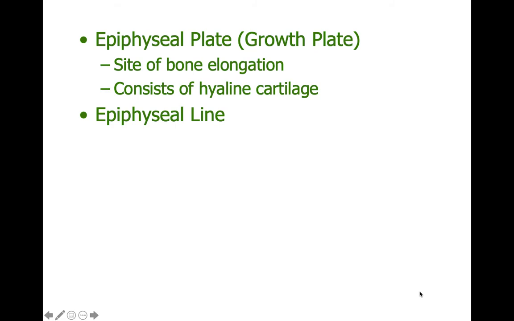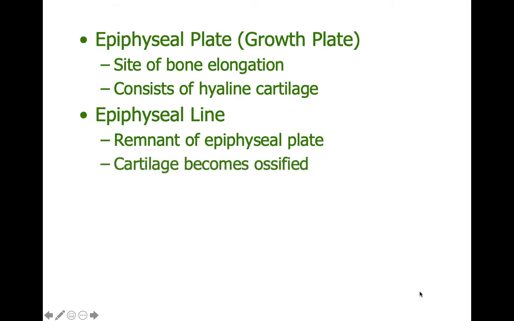Next, we have the epiphyseal line. This is the remnant of the epiphyseal plate. This is what's left over of the epiphyseal plate once that cartilage has become ossified. Ossified is a super fancy word that simply means it's turned to bone.